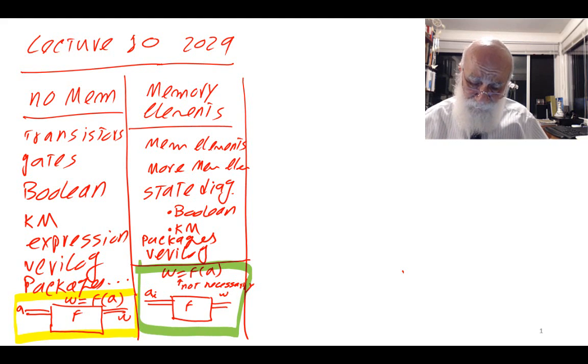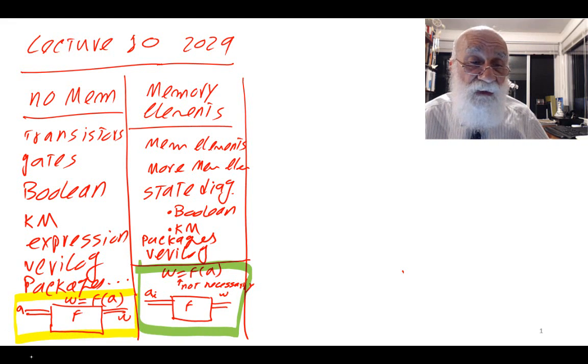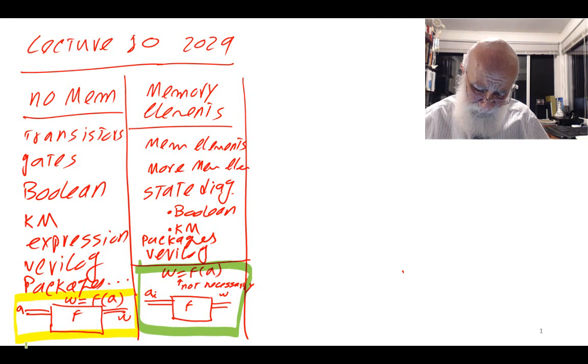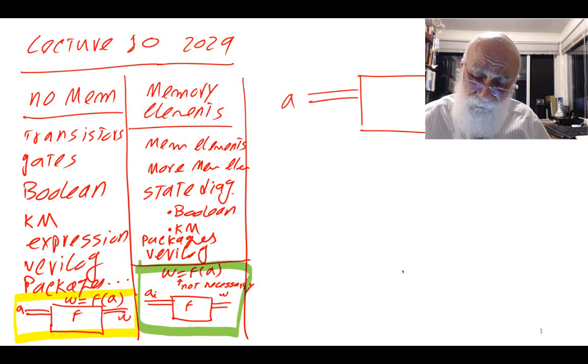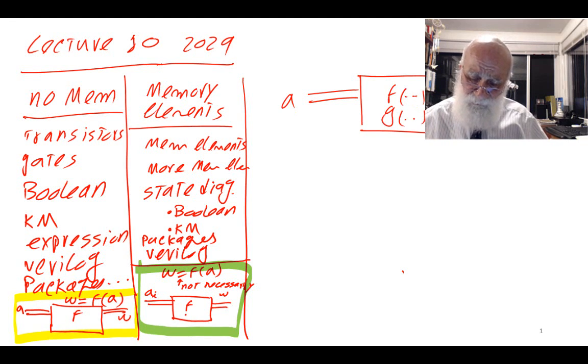Now we'll be talking about the sequential circuits, and we'll be talking about the boxes that have certain inputs A, certain outputs W, and there are more than one function inside, which we'll be talking about here.